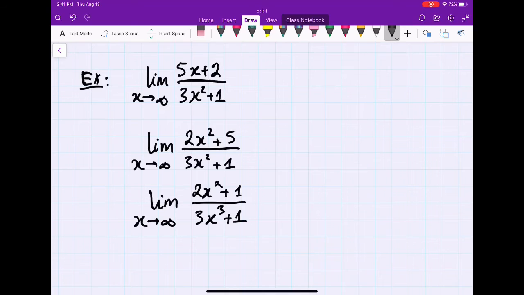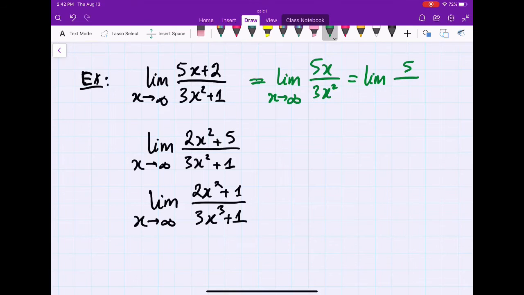And you will see something very interesting. Alright, so for the first limit, I write in here that is just the limit of 5x over 3x squared when x approaches infinity. Because we ignore 1 and 2. Okay, so this is equal to the limit of 5 over 3x when x approaches infinity, and that is just 0.